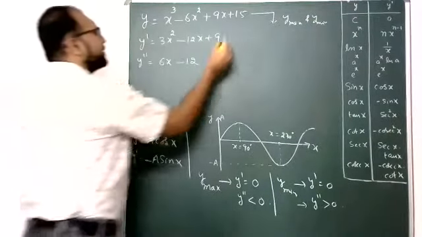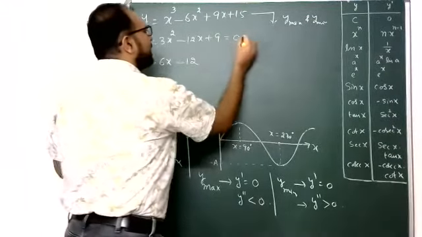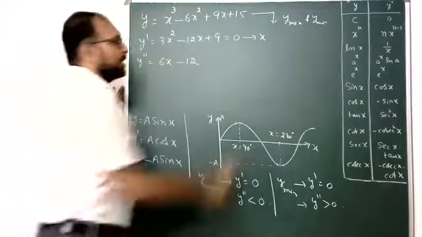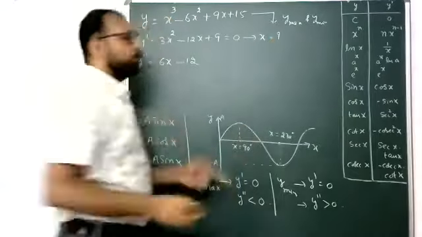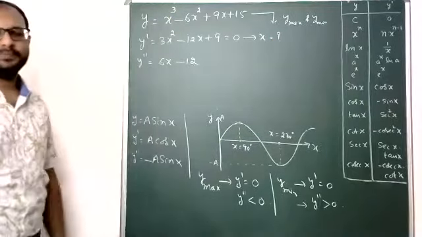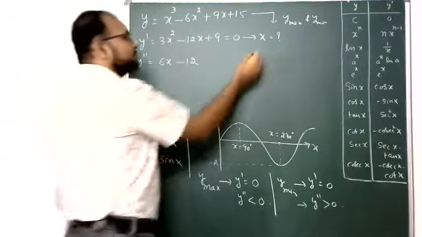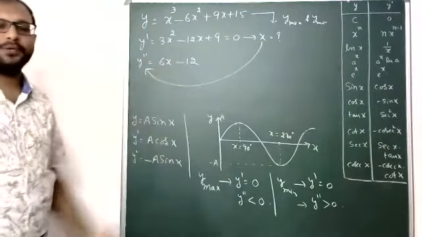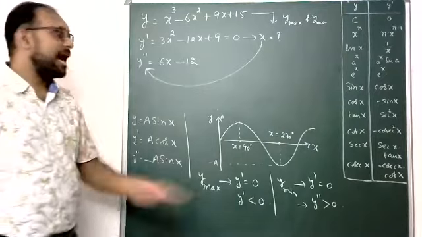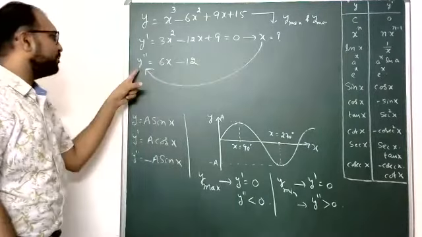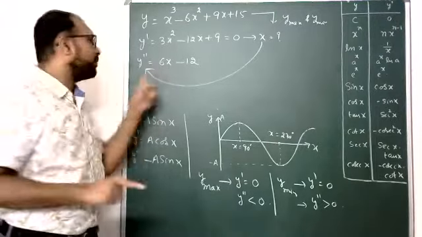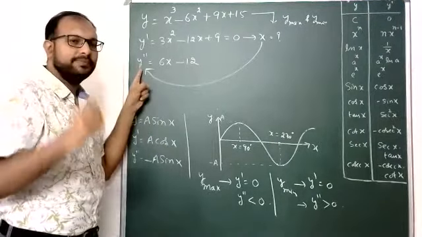First derivative, make 0. It is a quadratic equation. You will get two values of x. This x value, substitute in the second derivative. Suppose after substitution of this value of x here, you get y double prime negative.